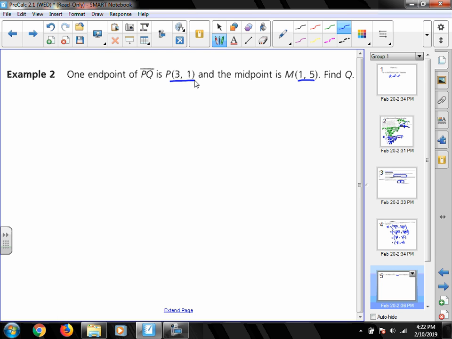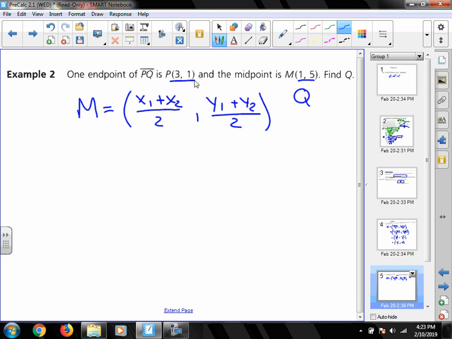So I give you the midpoint, I give you one of the endpoints, but I don't tell you what the other one is. Again, we need to use our midpoint formula: x sub 1 plus x sub 2 divided by 2, y sub 1 plus y sub 2 divided by 2 is how we find a midpoint. So I have some Q at x sub 2, y sub 2.